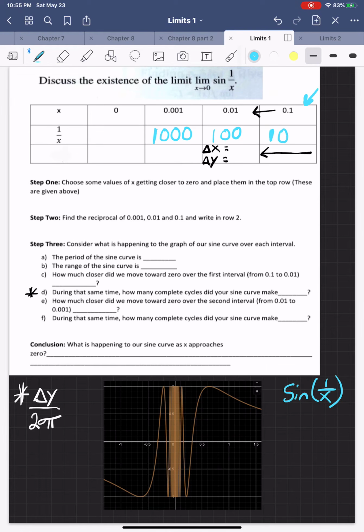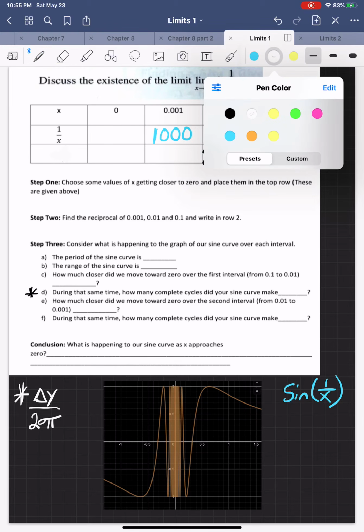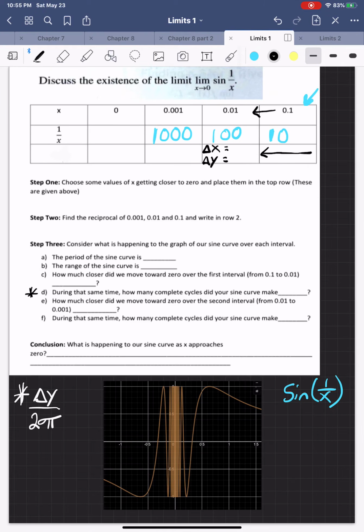Let's see how much you remember from your trigonometry. What is the period of your sine curve? If you're dealing with regular sine of x, what is the period of sine of x? The period of sine of x is 2 pi. Do you know what that means?